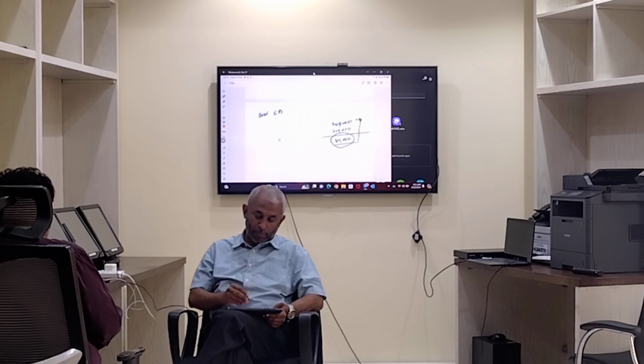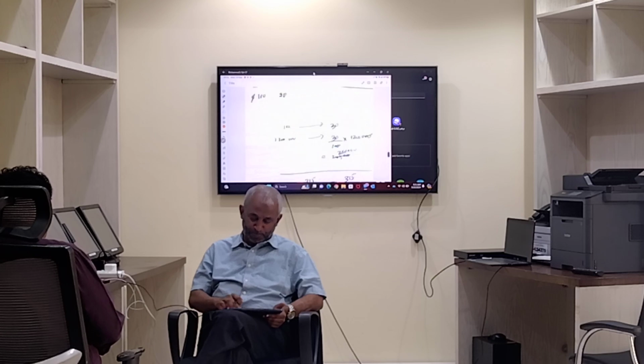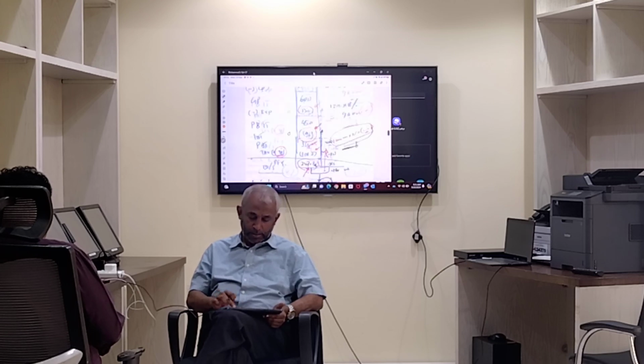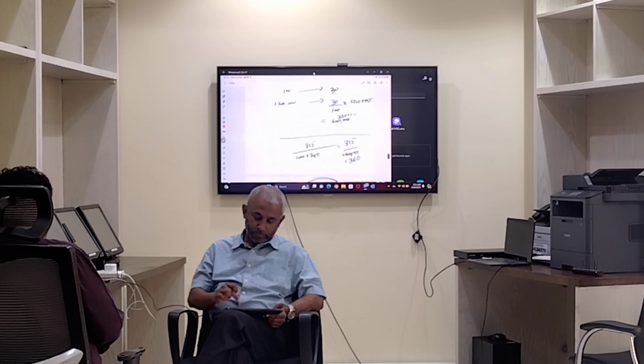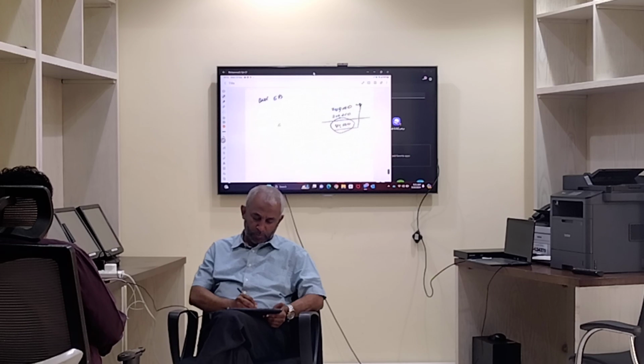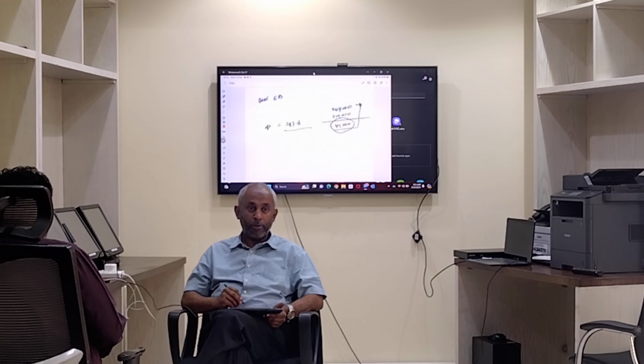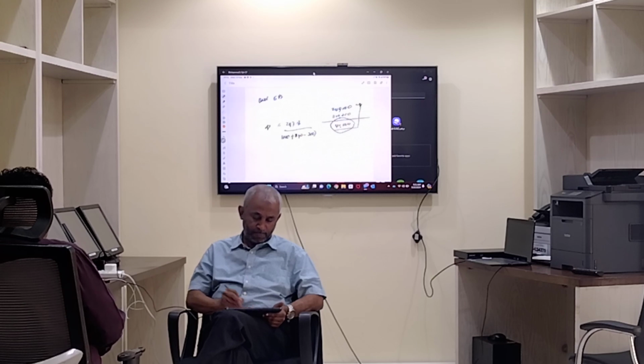If I go back to this example, the profit is 247.8, whereas the number of shares will be 1 million plus 240,000 minus 200,000.